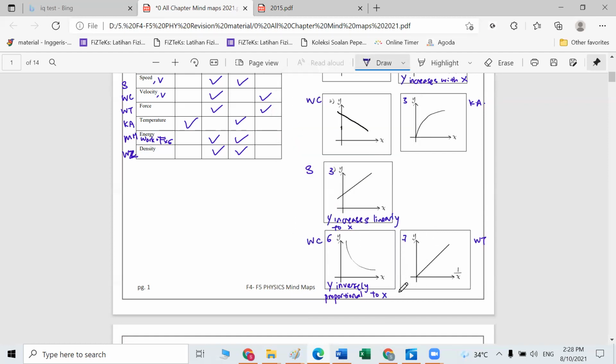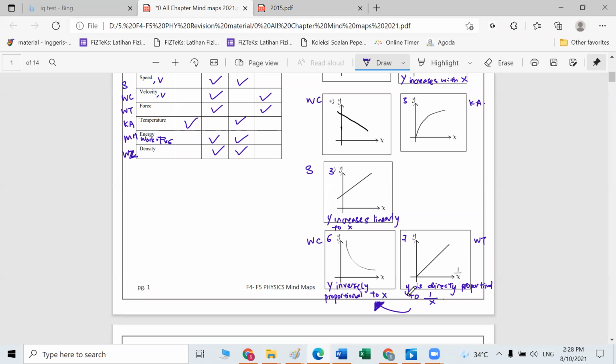Okay, wait, this is y directly proportional to 1 over x, or could be this: y is inversely proportional to x.